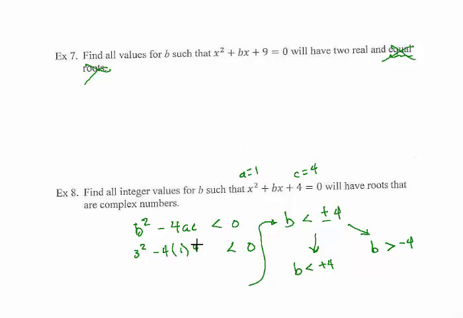And c, I want to have a 4. And so this would be 9 minus 16, and I'd end up with a negative 7, which would lead to complex roots for our solution. So this one checks out. Now we'll test b greater than negative 4. And one such number would be negative 3.